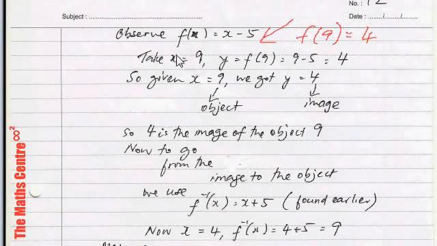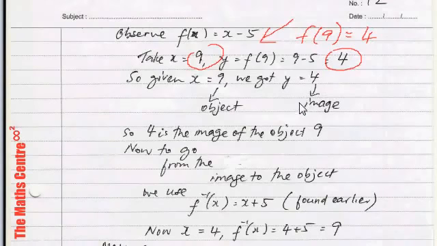So when you take any value, x equals 9, we are going to get the value of y. Remember, I told you that you can use either y or f of x, it doesn't matter. So when x is 9, y is 4. Now this value of x equals 9, we call it the object, and this value of y that we have obtained, we call it the image.